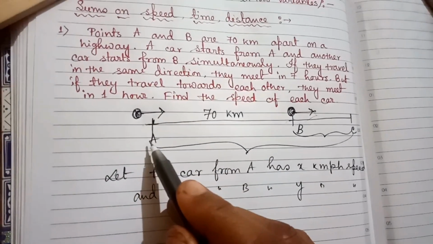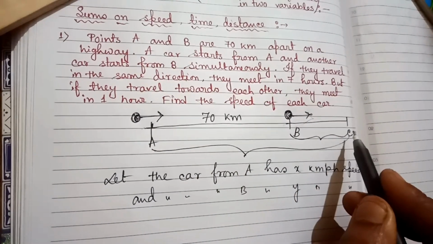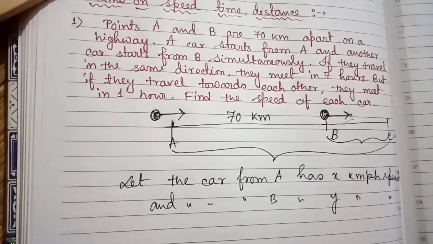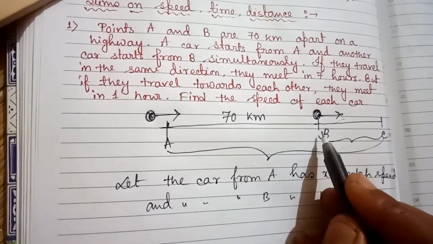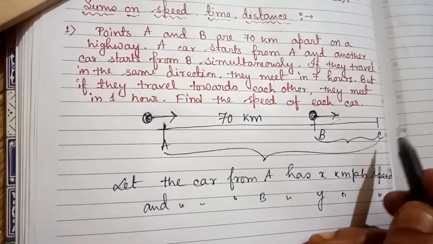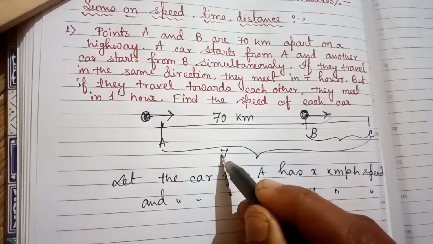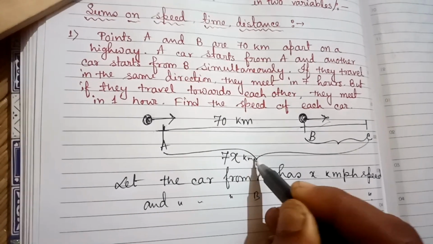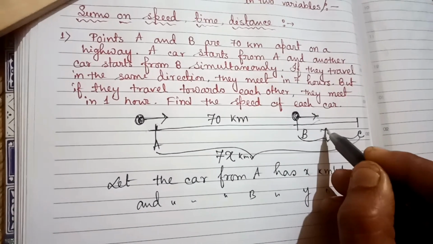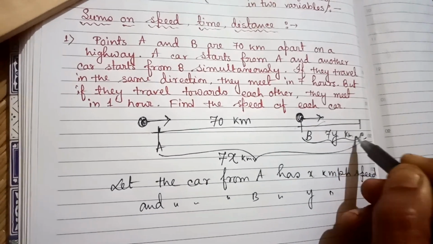So this car travels for 7 hours to go to C, and the second car travels 7 hours to go to C. So its covered distance is 7x kilometer, and the second car's covered distance will be 7y kilometer.